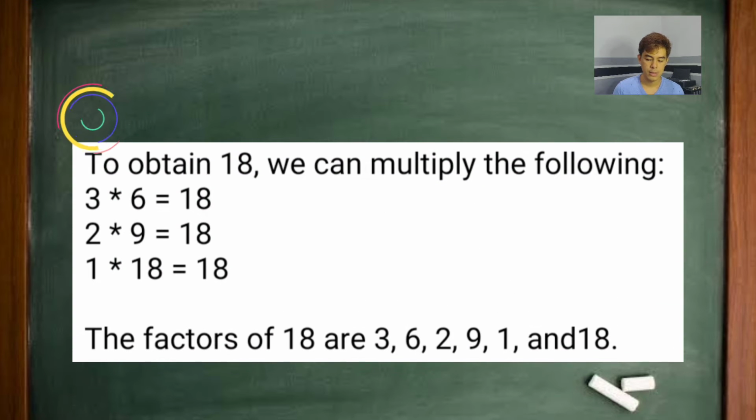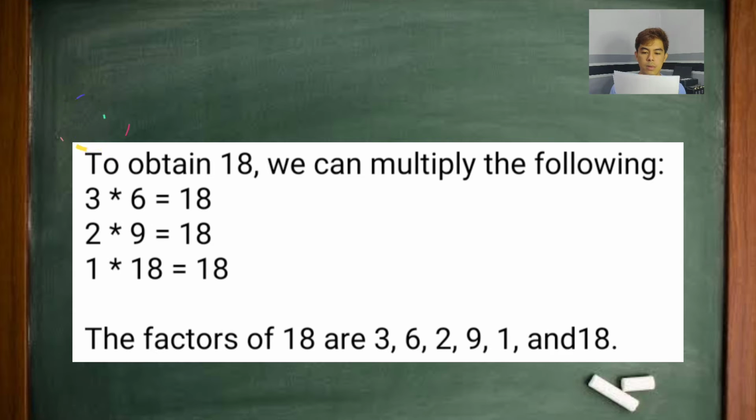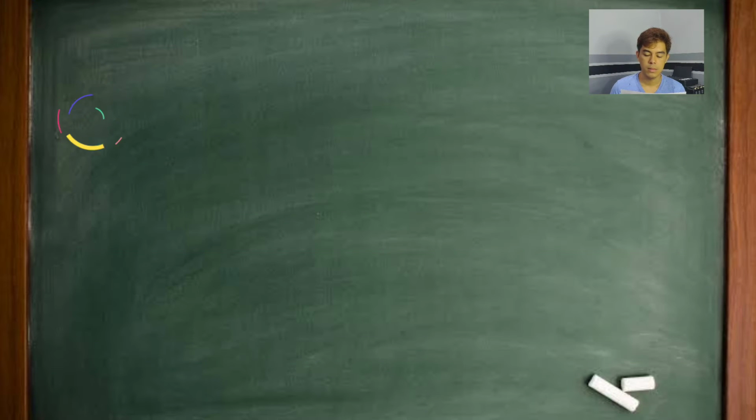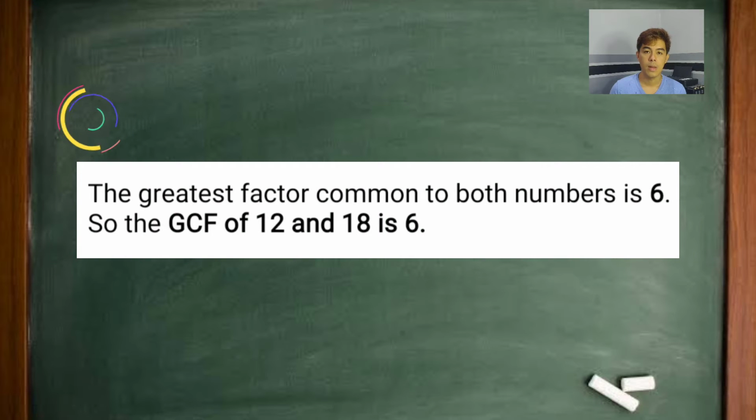Now, to obtain 18, we can multiply 3 and 6, 2 and 9, and 1 and 18. So the factors of 18 are 3, 6, 2, 9, 1, and 18. So ngayon, yung pinakamalaki na common sa kanilang dalawa, yun ang magiging GCF nila. So the GCF of 12 and 18 is 6.